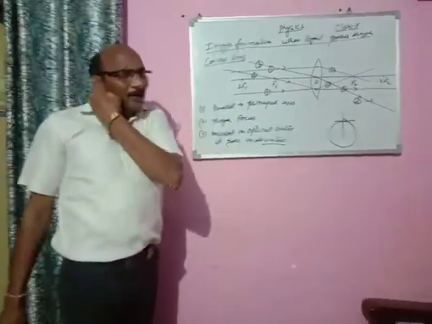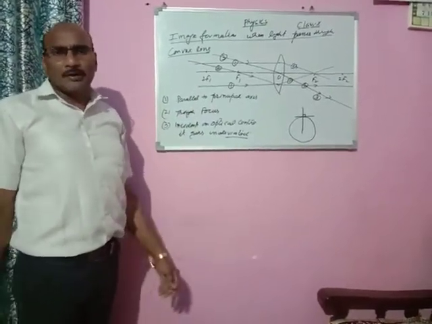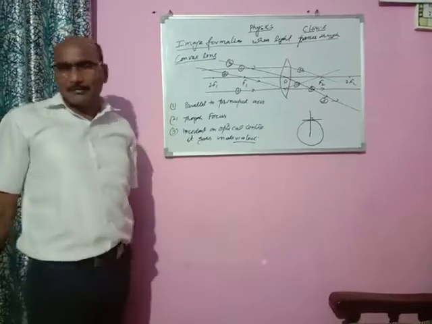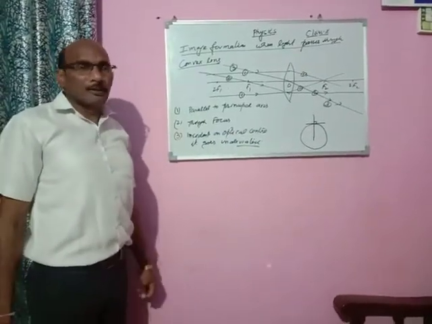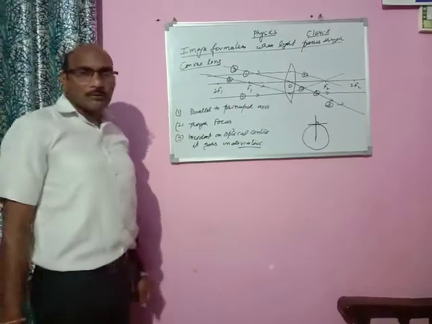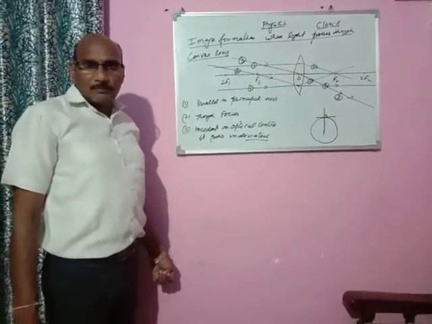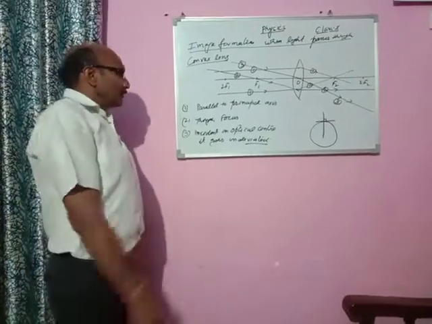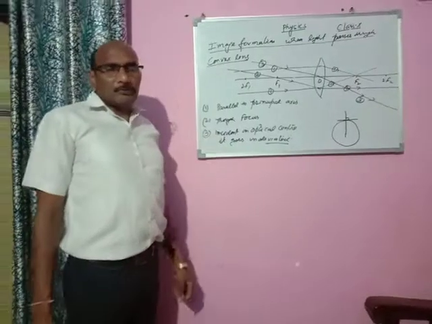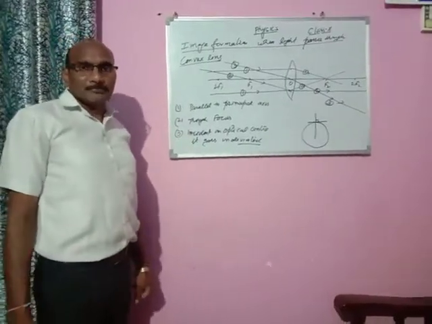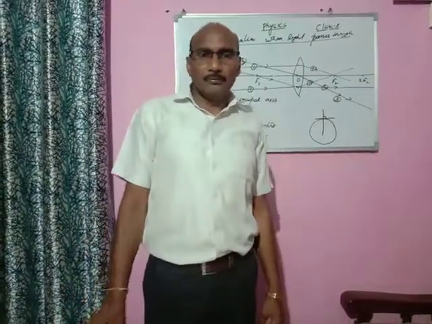So many light rays will pass, but these three are some light rays through which we can draw a ray diagram. We will take some other light rays, which I will discuss later. I hope you understood how the light rays are drawn, how the light behaves, and whatever I have told you. I hope you understood and you will get the benefit. Now, the other parts I will discuss in the next video. Thank you.